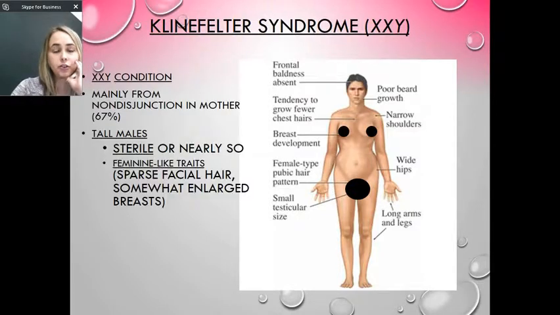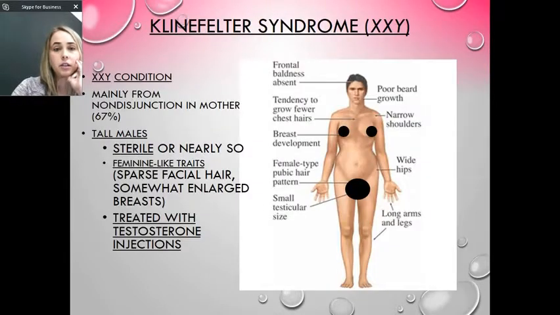This is Klinefelter syndrome. Klinefelter syndrome is 2 X's and a Y. And so it results in a male who has some more female characteristics. So breast development, sparse facial hair. They can be treated with testosterone injections.